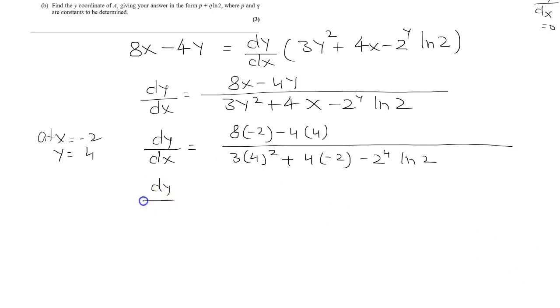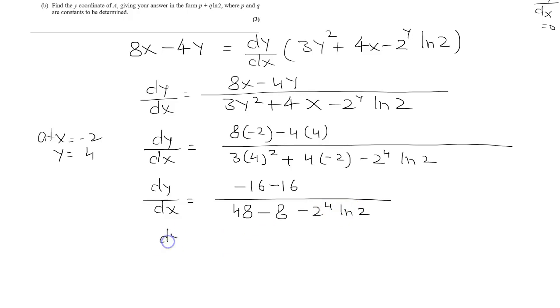So dy over dx is minus 16 minus 16, divided by 16 times 3 is 48, minus 8, minus 2 to the power 4 ln 2.